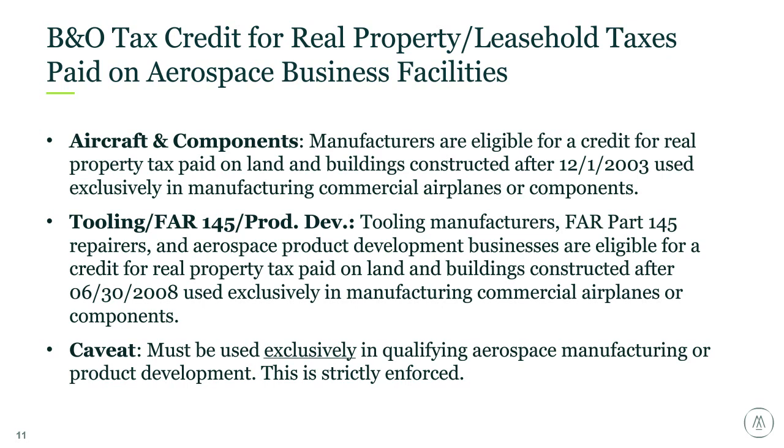If any of that happens in this building that you're attempting to claim the credit on, you've lost the credit entirely. There is no opportunity to prorate this credit, which is unfortunate, but thankfully the other credit does have a prorating mechanism. So we just want to make you aware.